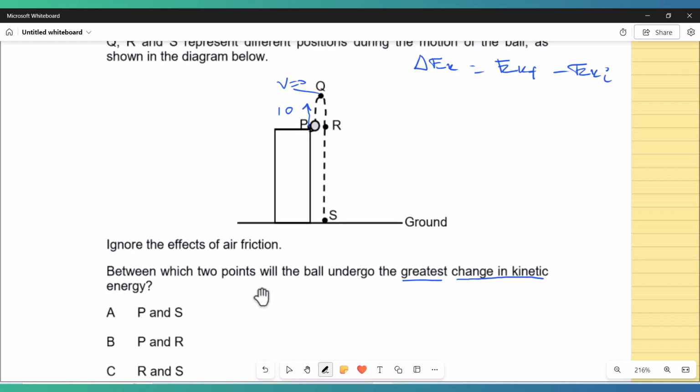So our change in EK for PQ is going to be the final at Q minus initial at P. Let us give our ball a mass of 2 kg.